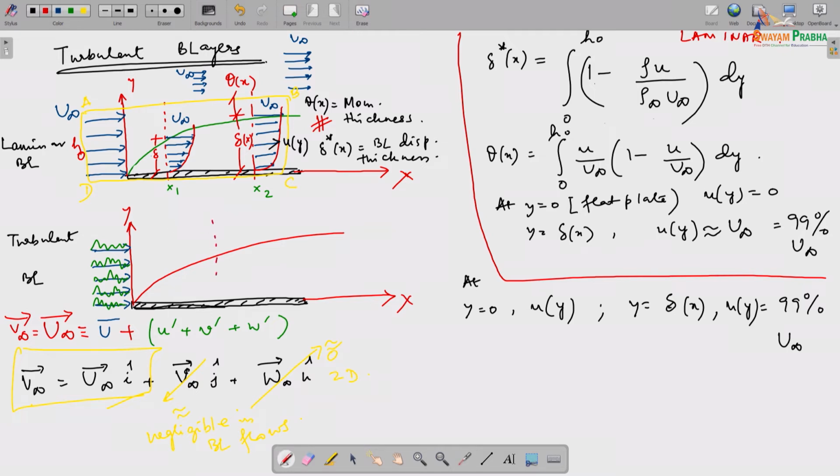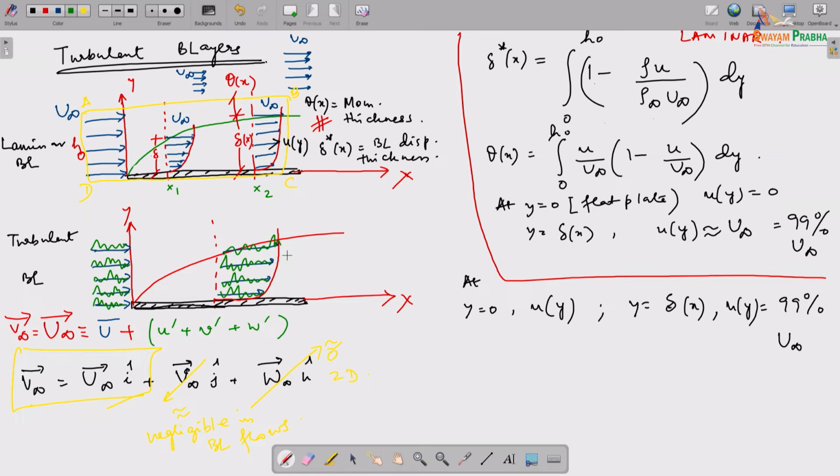Again, I will just draw one here, and I am going to exaggerate it. This is my turbulent velocity profile.